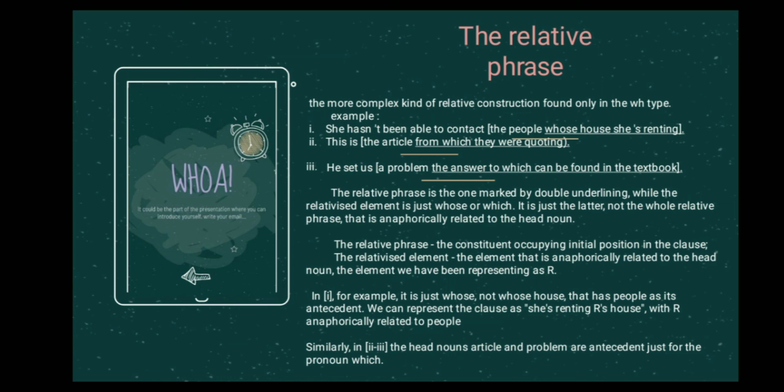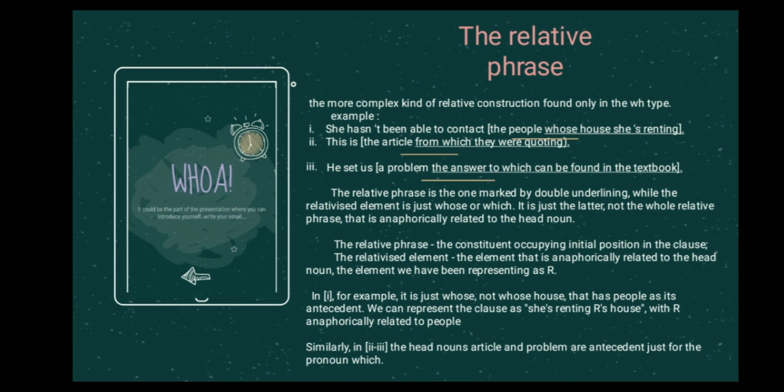The relative phrase is the one marked by double underlining, while the relativized element is just whose or which. It is just the latter, not the whole relative phrase, that is anaphorically related to the head noun. The relative phrase is the constituent occupying initial position in the clause, while the relativized element is the element that is anaphorically related to the head noun, the element we have been representing as R.